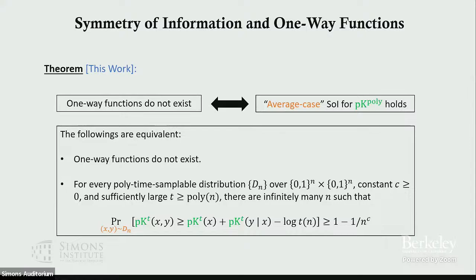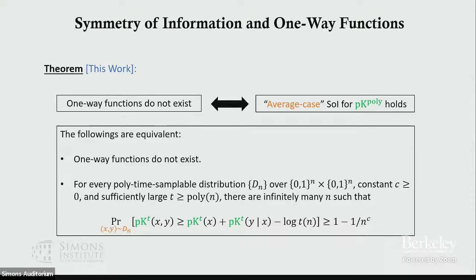In other words, the PKT complexity of X and Y is greater than the PKT complexity of X plus the PKT complexity of Y given X, minus some order log term. So this is average case symmetry of information for PKT.